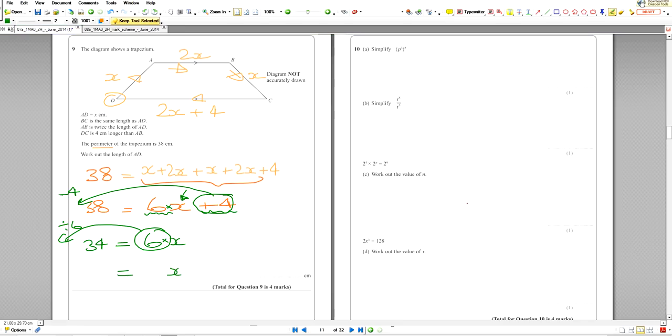So x is equal to, how many 6's go in 34? 5 and 4 sixths, which cancels down to what? 5 and 2/3, because we divide the top and bottom by 2.